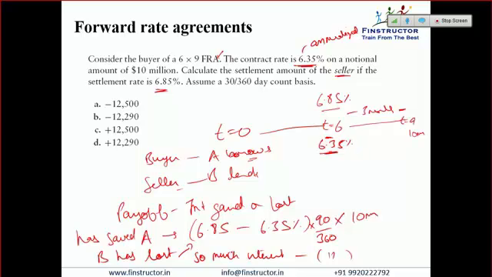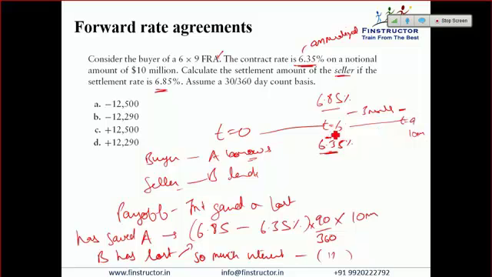Now just one convention that you have to understand is that this interest gained or lost will actually be enjoyed when? At t equal to 6 or t equal to 9? When do you have to pay the interest? At the end of the borrowing period or at the beginning? You pay the interest at the end.